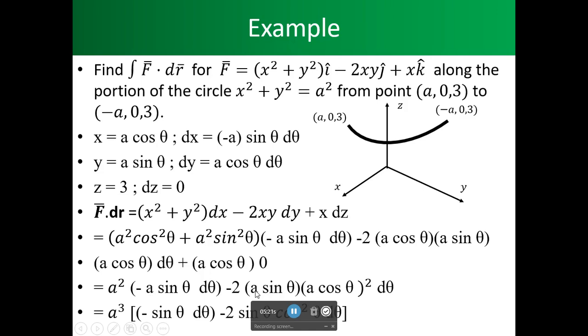So then all we're left with is a cubed times minus sine theta d theta minus 2 sine of theta times the cosine of theta squared d theta.